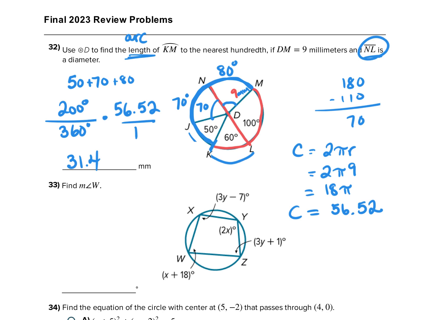Now, of course, looking at my answer key, that is not what they wanted. They're looking for 25.13. So, let me calculate the red arc. And again, I will make sure on your final that there isn't a question as to which arc you're trying to solve.